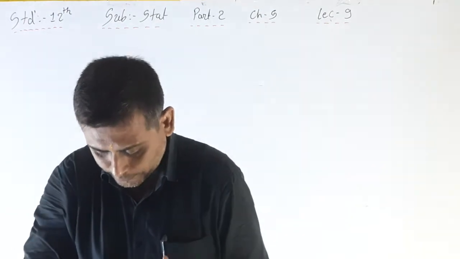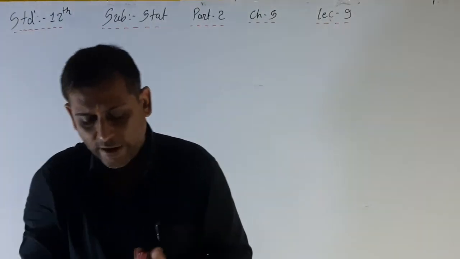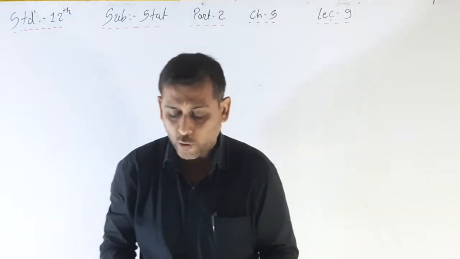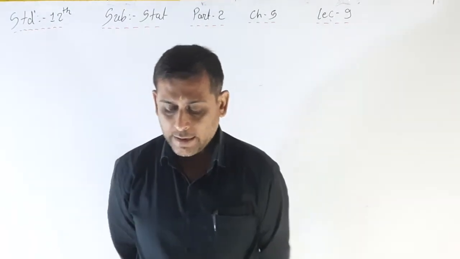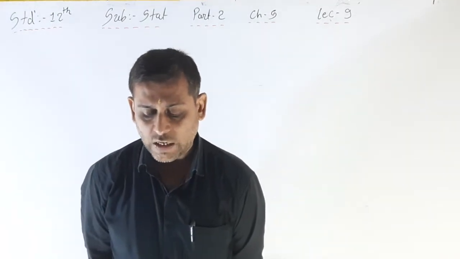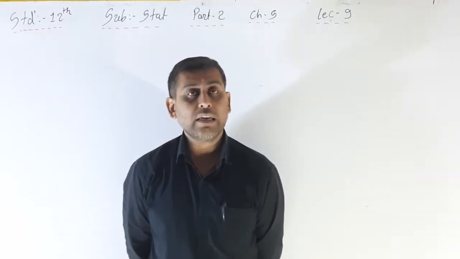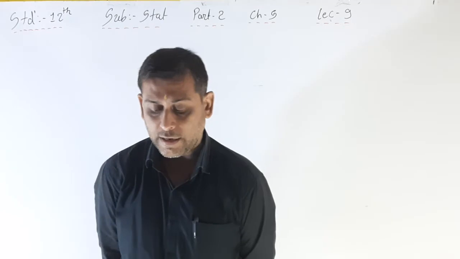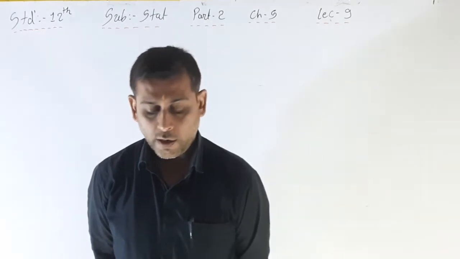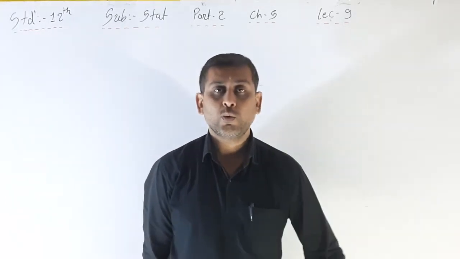Now see, decide whether the function, that is illustration number 24 on page number 182, decide whether the function y is equal to x cube minus 3x square plus 7 is increasing or decreasing at x is equal to 1 and x is equal to 3.